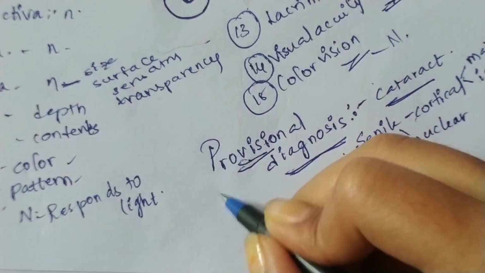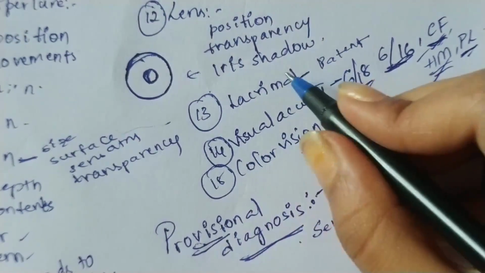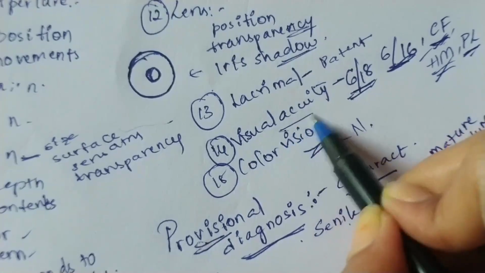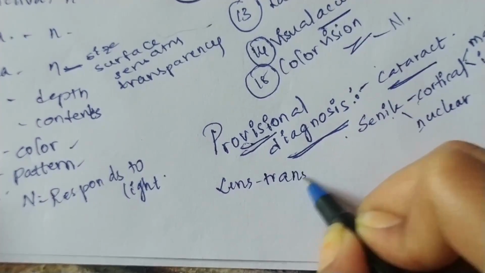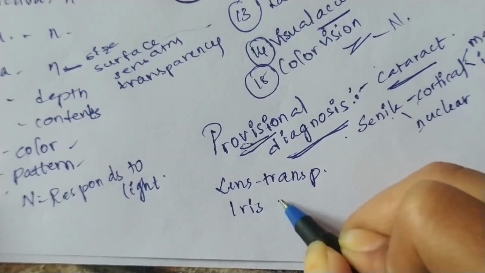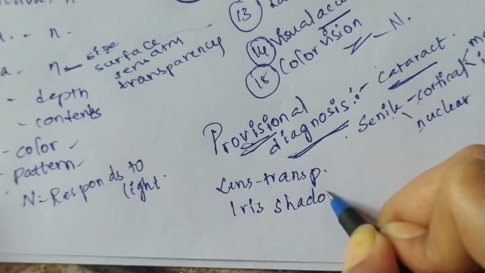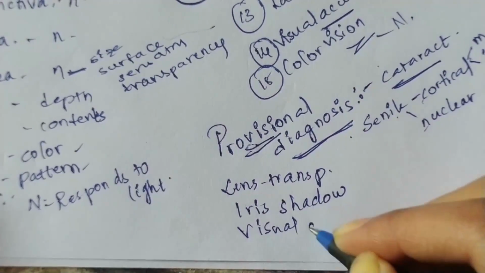This will be dependent on the lens transparency. We have written here, right? This one, and iris shadow and visual acuity. These three things determine whether it is mature cortical cataract or immature cortical cataract or nuclear cataract.